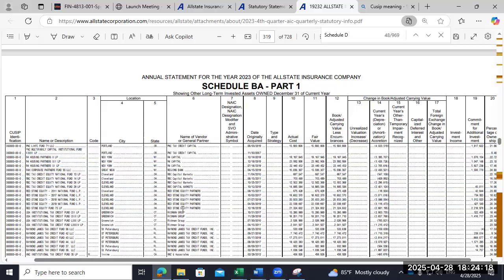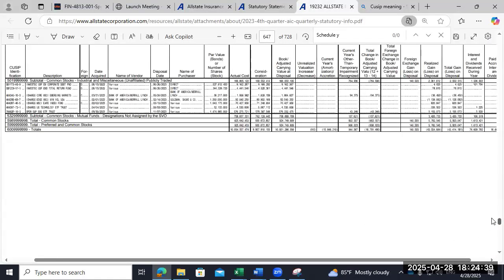Okay, the last thing I want to do is Schedule Y. It finds it. Come on, come on. It's not finding it. I think it's just too many pages.